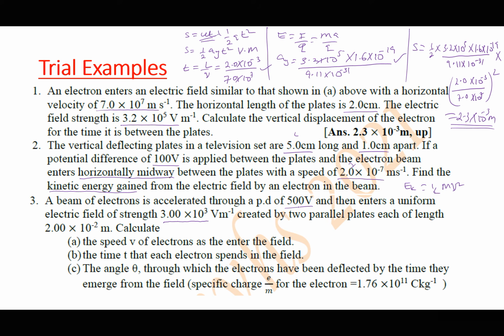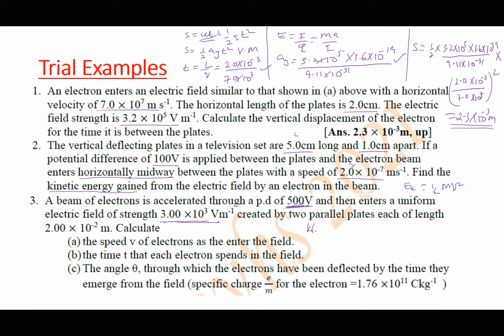Now they have given you a PD through which the electron is accelerated before it enters the field. That means the 500 would be used to find the initial speed before it enters the field.